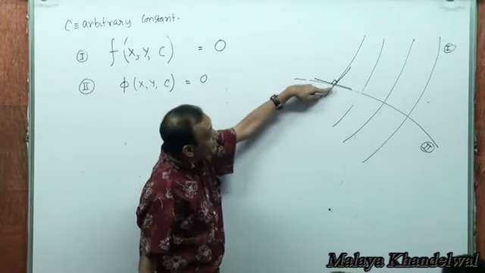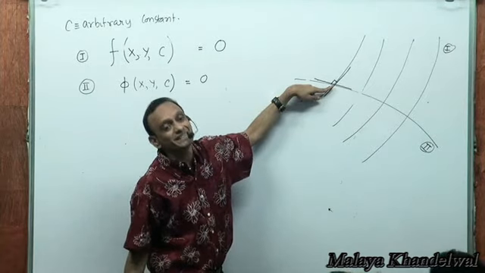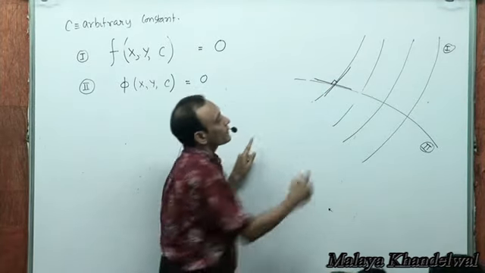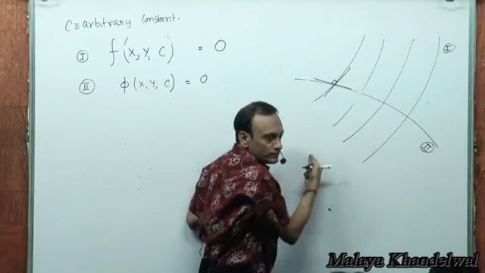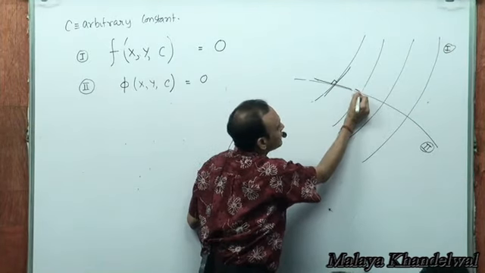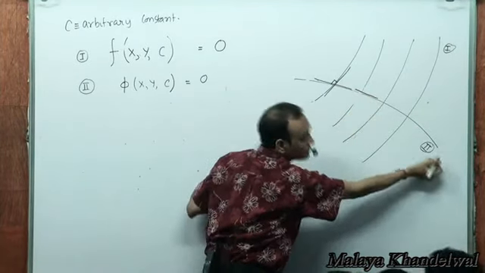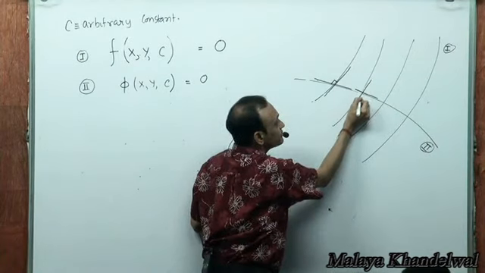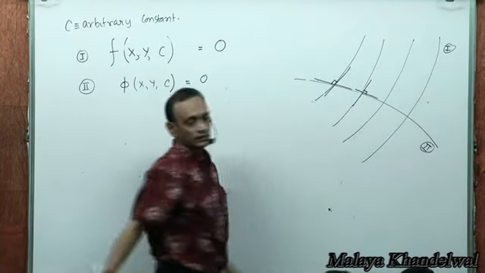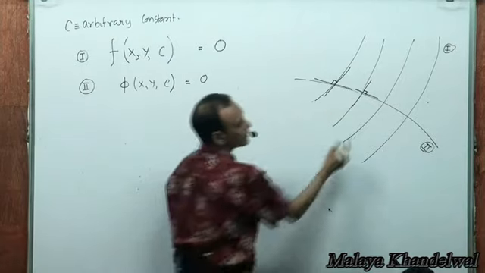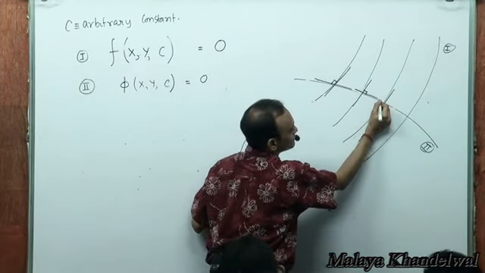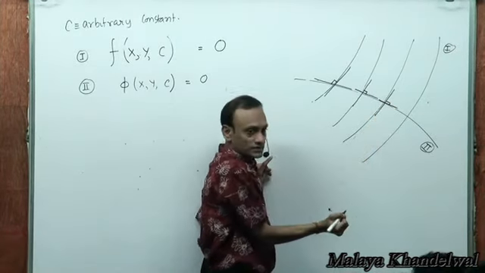The angle between the tangents where they intersect is 90 degrees. This curve and this curve, that's also orthogonal. The tangents enclose an angle of 90 degrees.